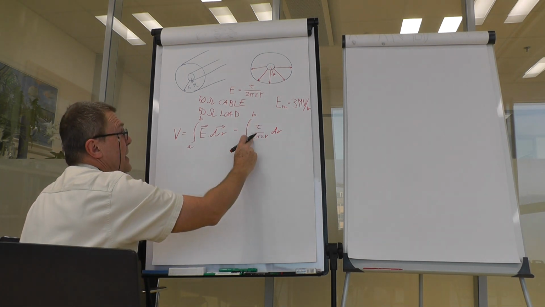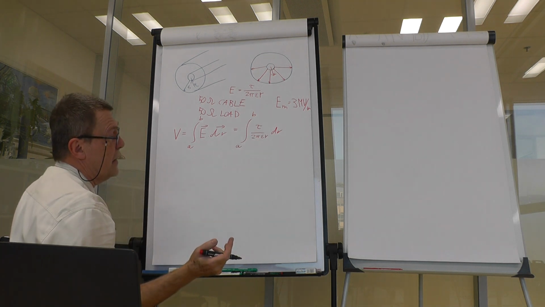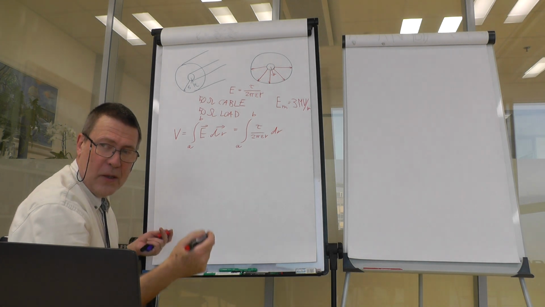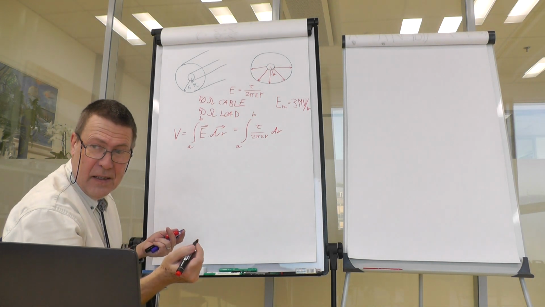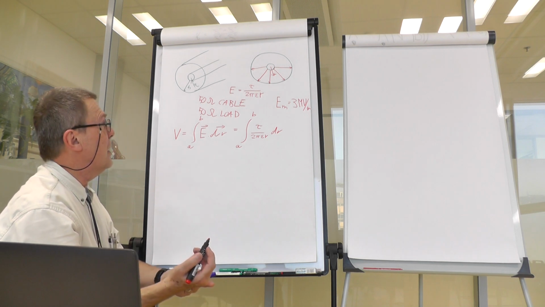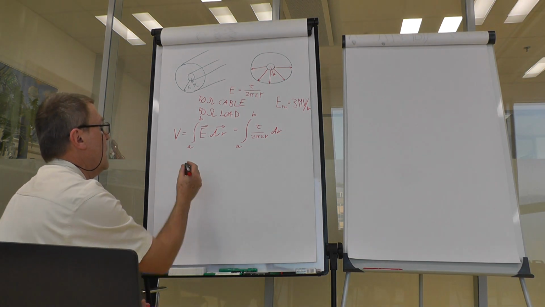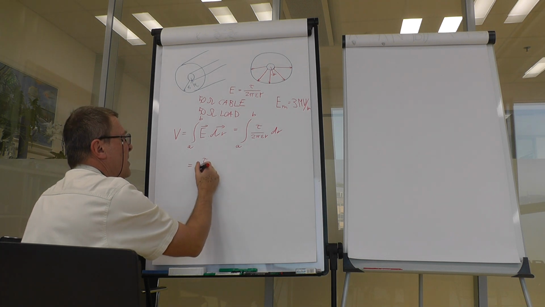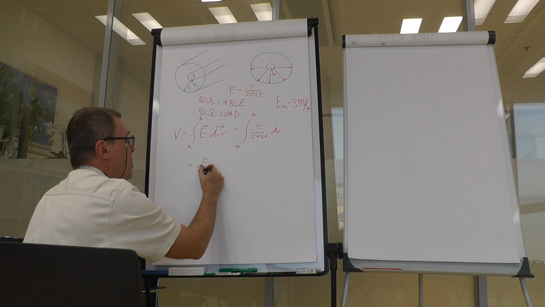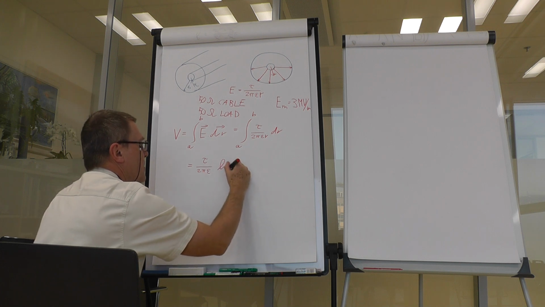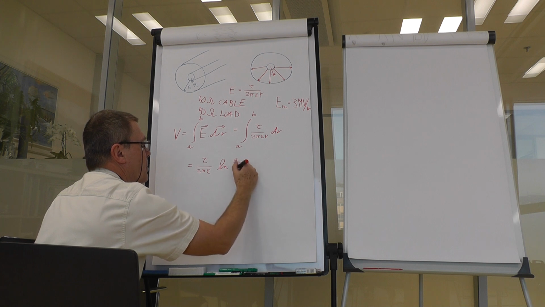Now this is a constant, and we are left with an integral of 1 over r dr, which is a natural logarithm of r, and therefore we could easily write the result like the charge density over 2 pi epsilon times the logarithm of a to b.